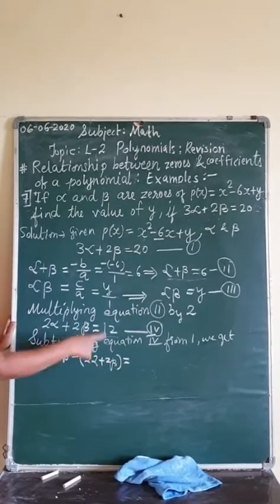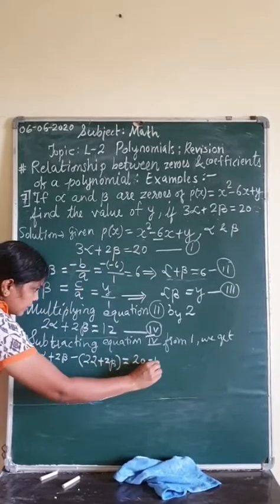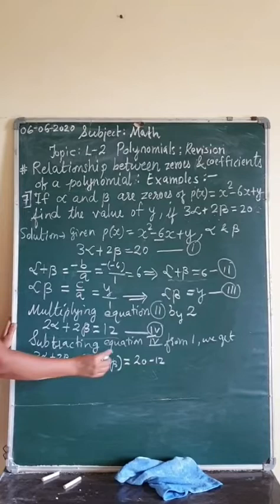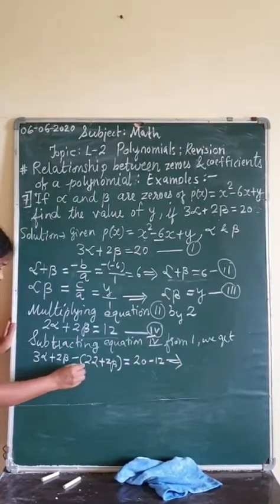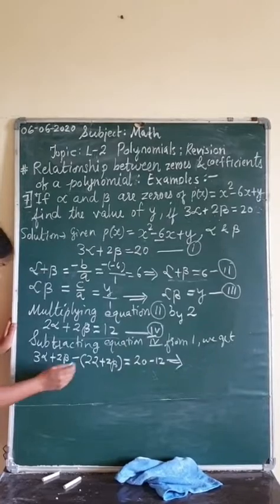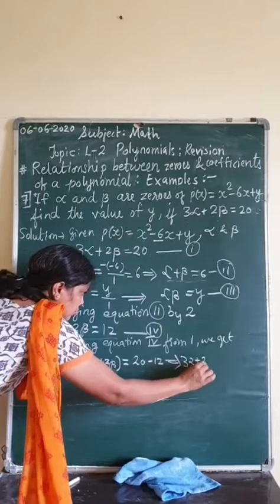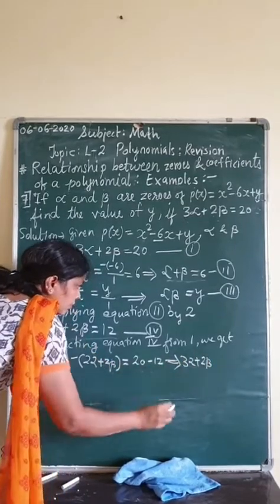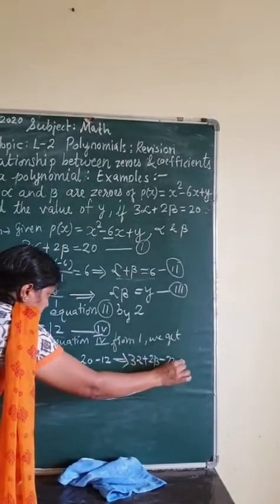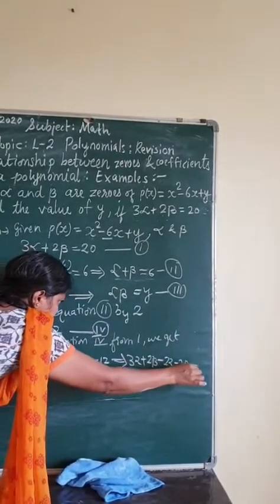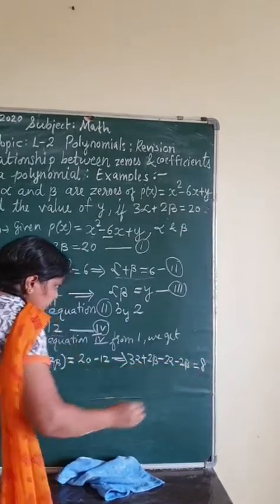LHS is subtracted from LHS of this equation, and then RHS from RHS. So what we get from here is 3 alpha plus 2 beta minus 2 alpha minus 2 beta is equal to 20 minus 12, which gives us 8.